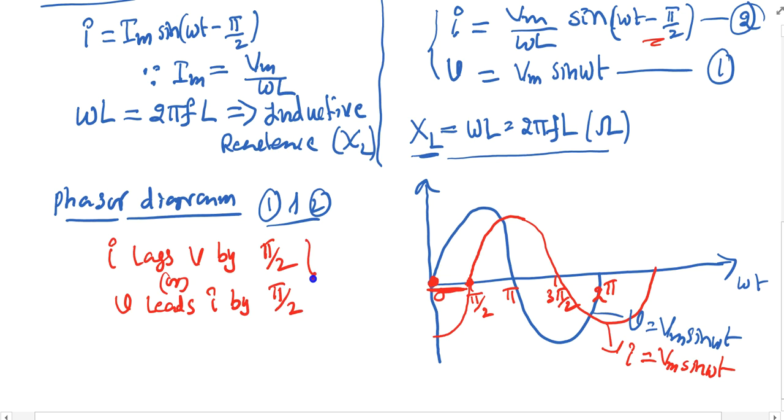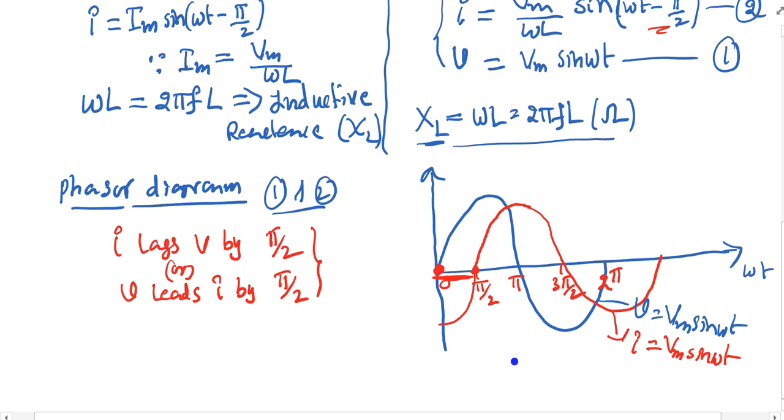These two statements have the same meaning. Whenever AC supply is given to a pure inductor, current lags voltage by 90 degrees. This is in instantaneous terms.